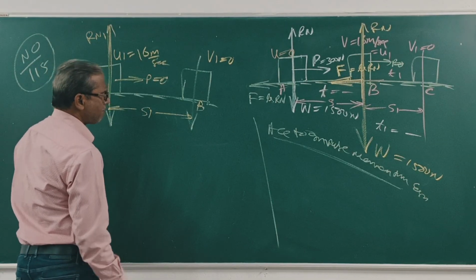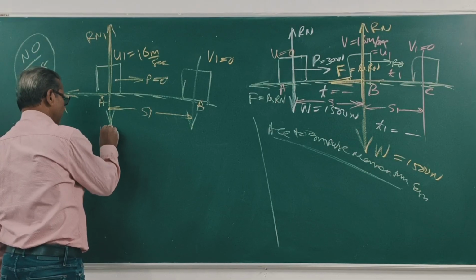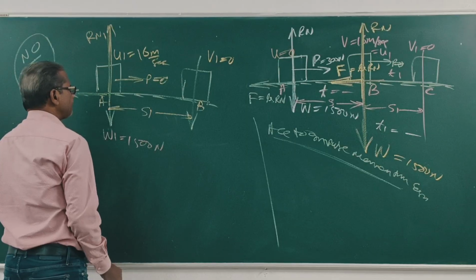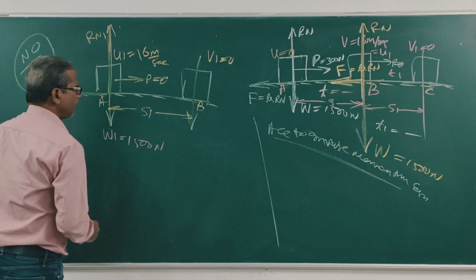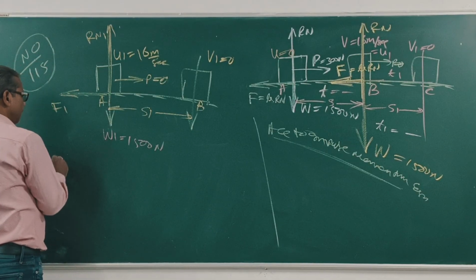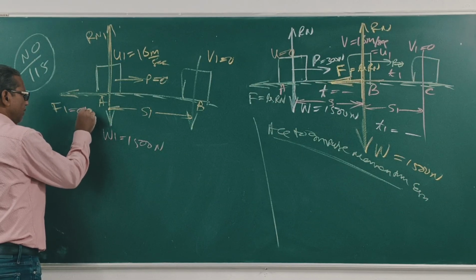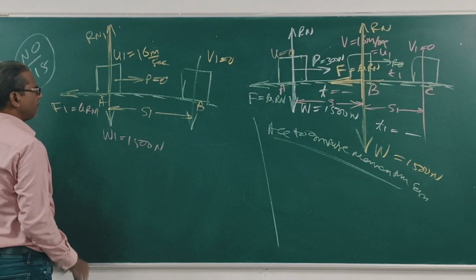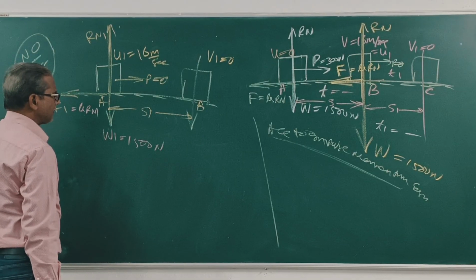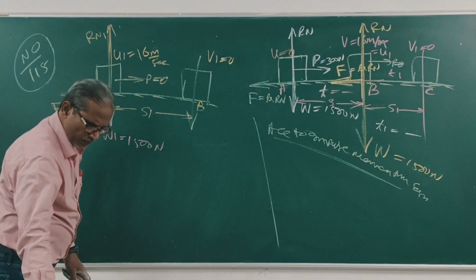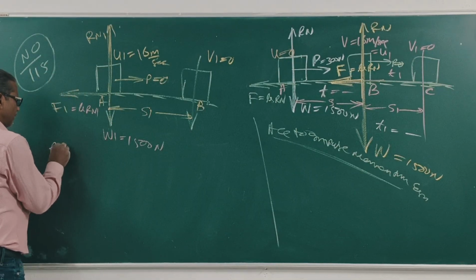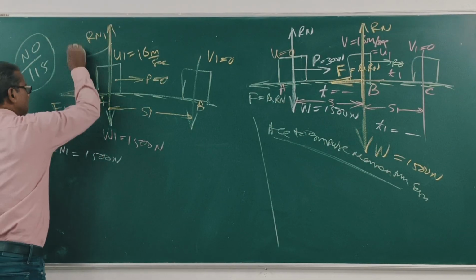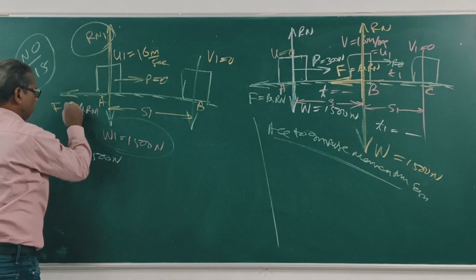Now, what is W? 1500 Newton. This is mu Rn1, 0.1. Clear? Now, Rn1 is equal to 1500 Newton, this is equal to W. What is F1?